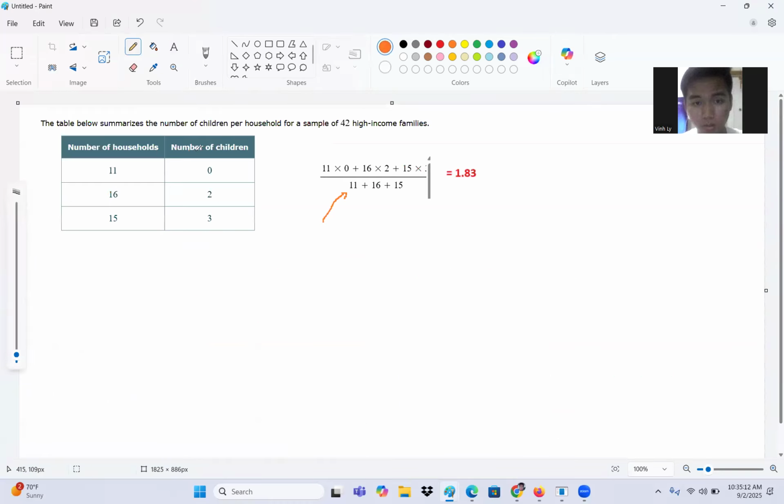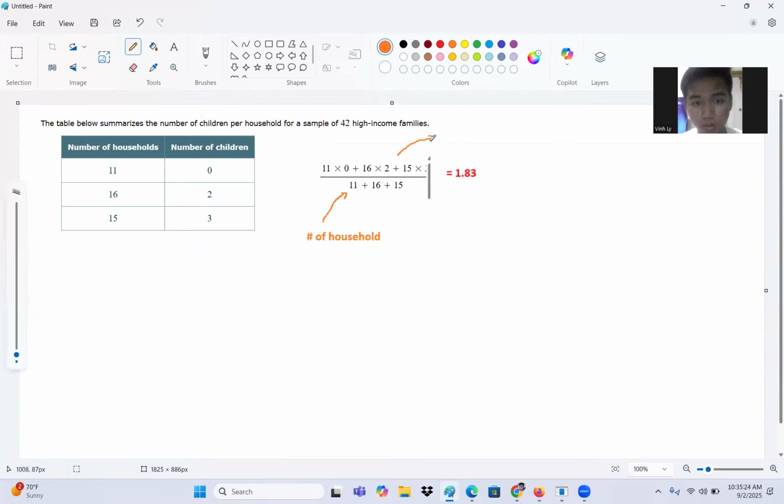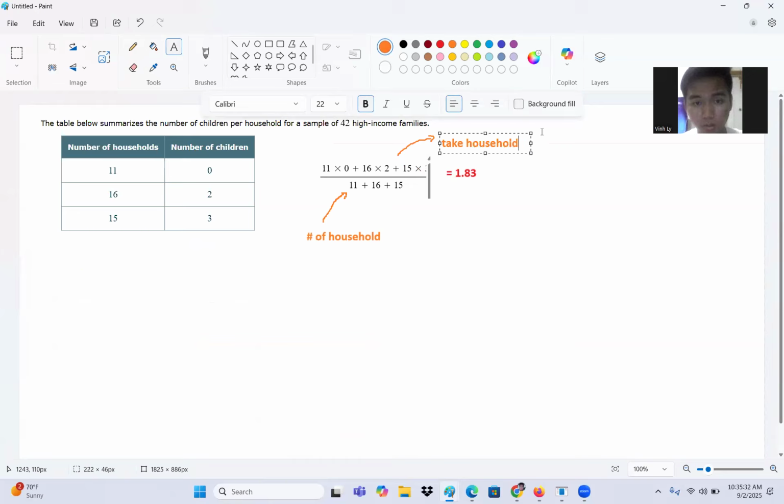Okay, let me just repeat that again. So this is the number of households. And this one, I'm going to take each household and multiply with the corresponding number of children.